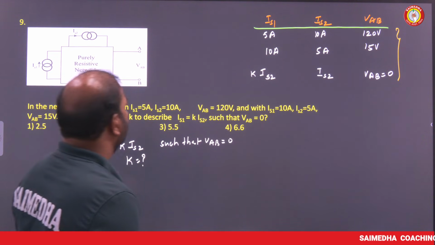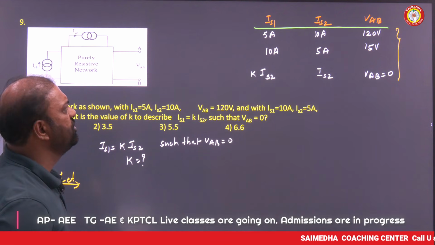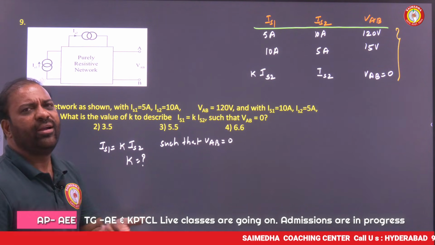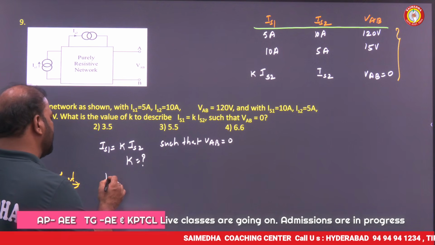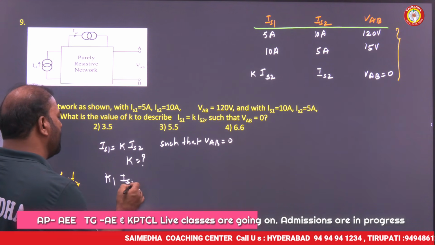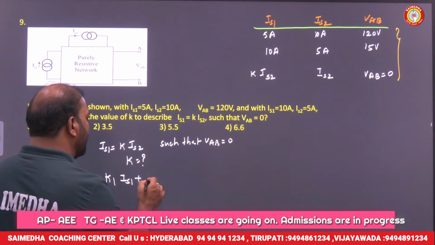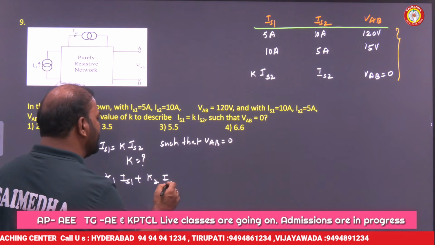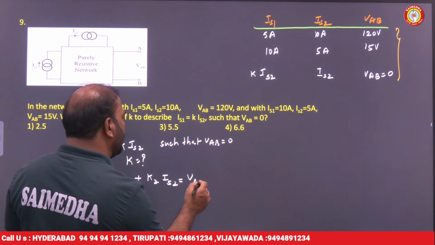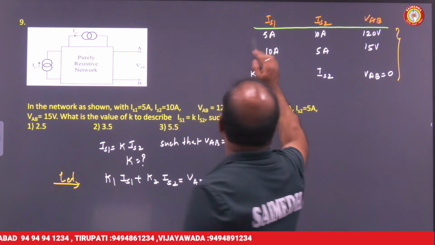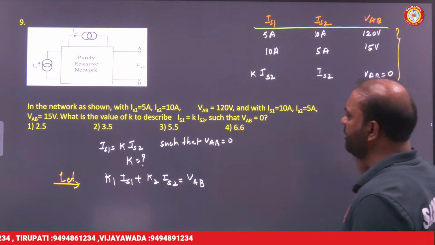So assume that the proportional constants of IS1 and IS2 are K1 and K2. So K1 into IS1 plus K2 into IS2 is equal to VAB.